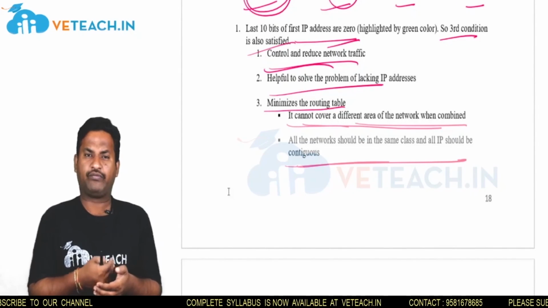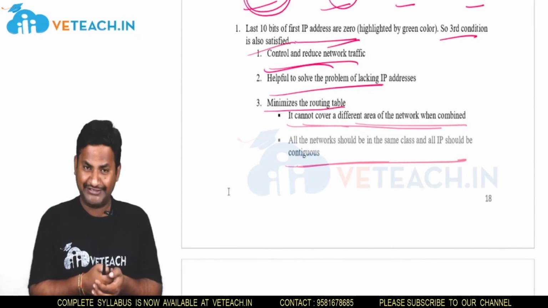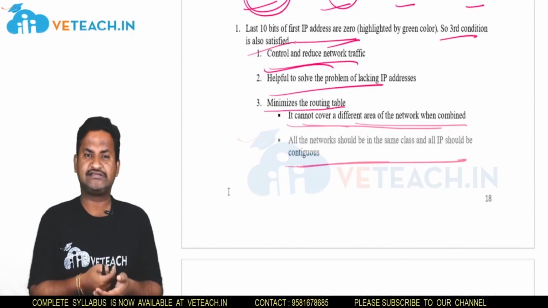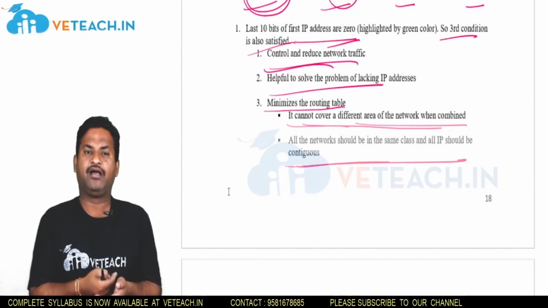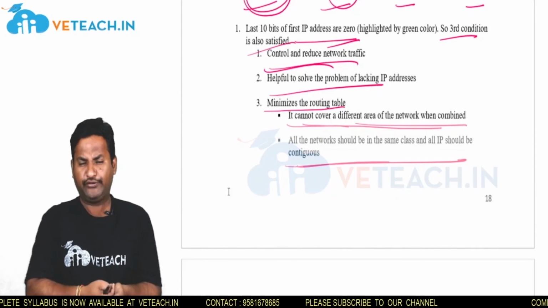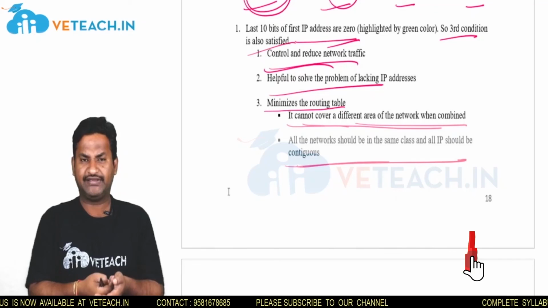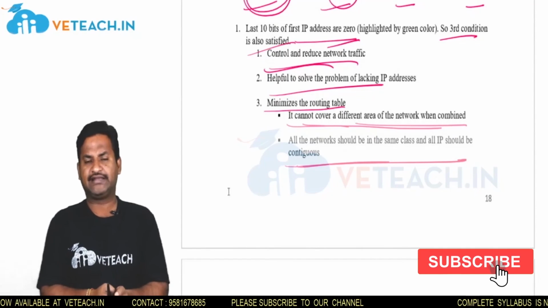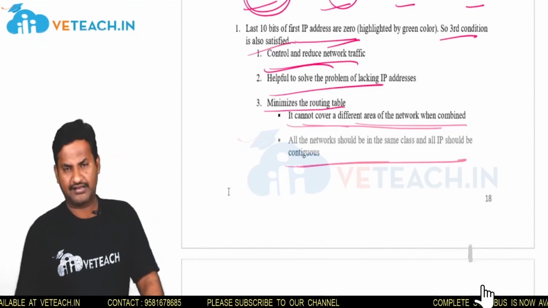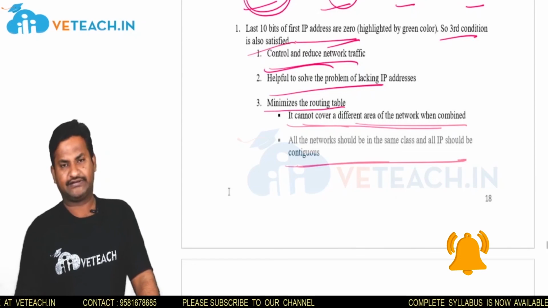So first, there are some conditions for supernetting: how the IP addresses are divided, what kind of connections, and how many nodes are in each and every system. These are the basic things when we go for subnetting and supernetting of the network layer, coming under computer networks. Thank you.